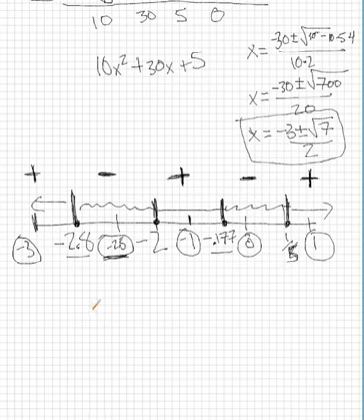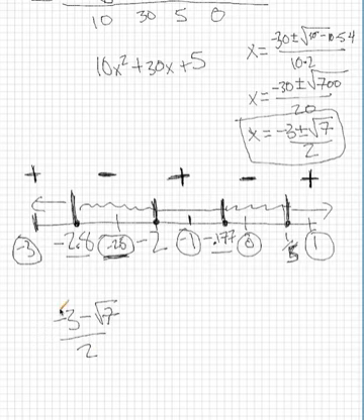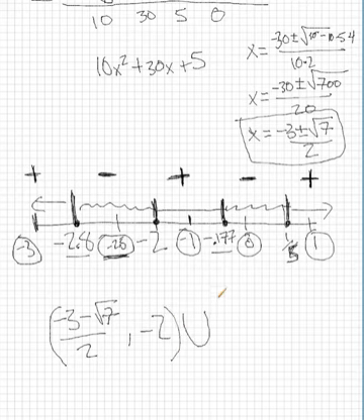So what we're going to do is write our interval where this is negative. I'm not going to write -2.8. I'm going to write the exact value: -3 minus √7 all over 2, and it's going to go all the way to -2. And we're going to say union.